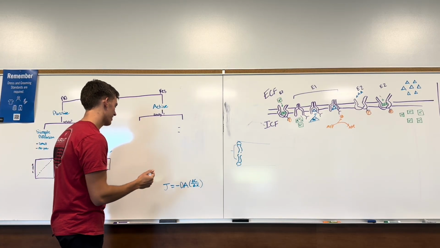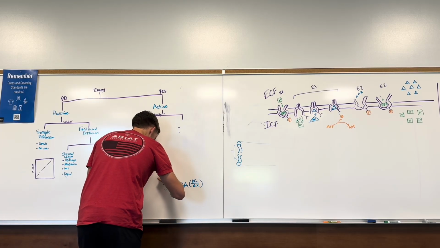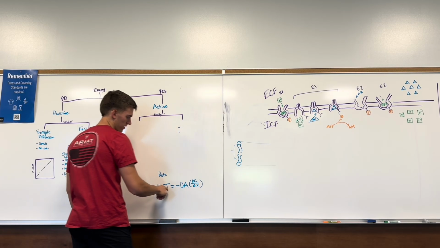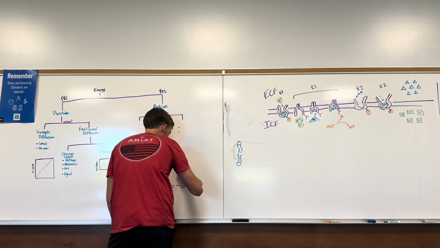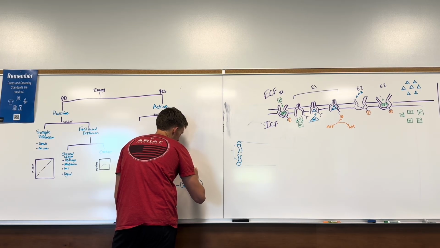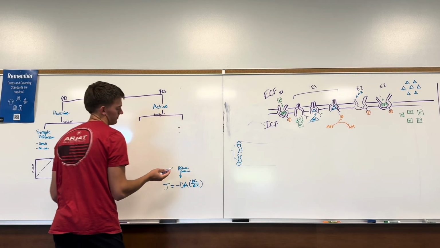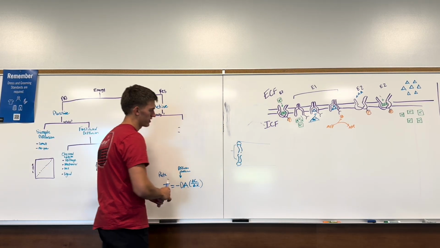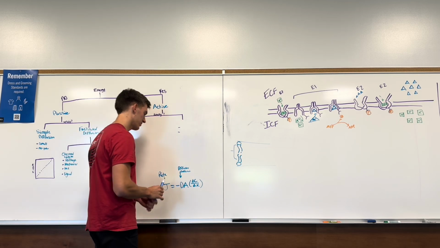So you can calculate rate right here. So rate equals, this is the diffusion coefficient. And that takes into factor kind of the things that we were talking about make it easier to diffuse.